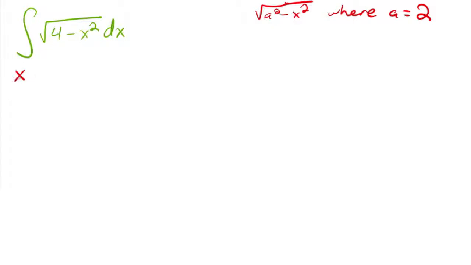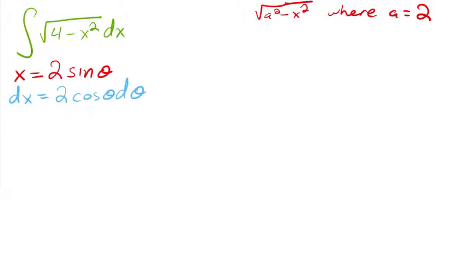We're going to let x equal 2 sine theta. Then you need to find dx, because you're going to have to substitute that. So dx is going to equal 2 cosine theta d theta.